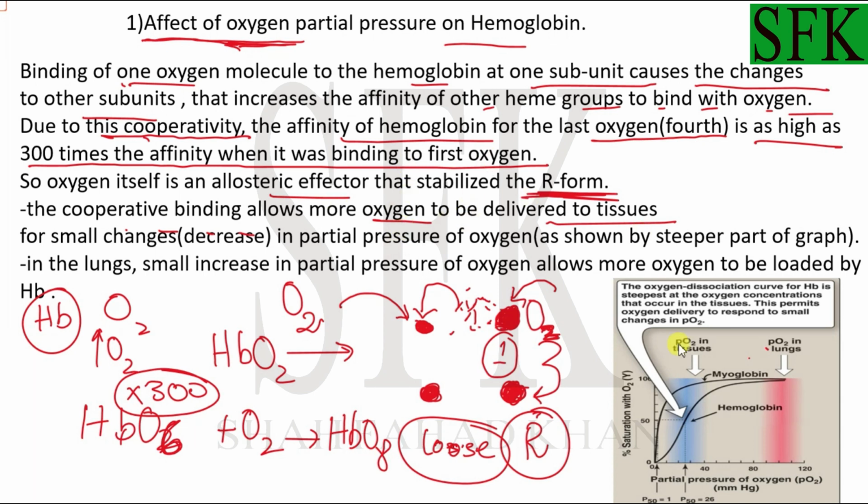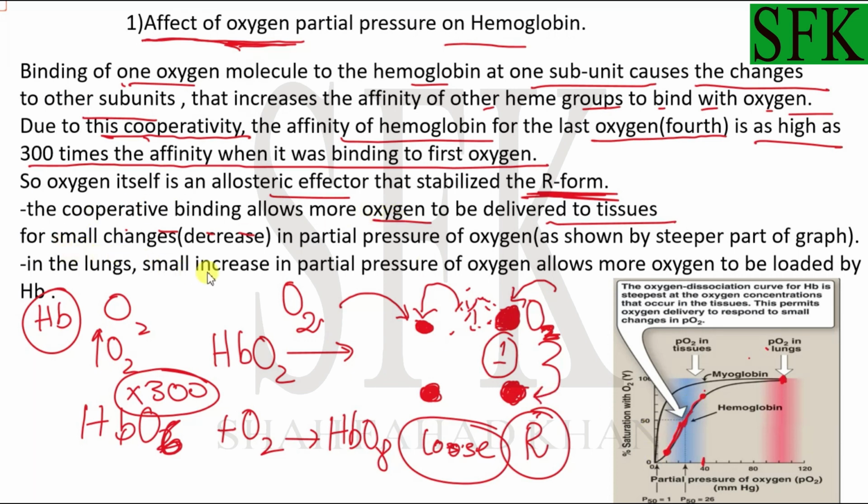It allows oxygen delivery at a faster rate to the tissues. For example, if this was the partial pressure in the lungs, and then in the tissues the partial pressure has become 40, small changes allow a big drop in the percentage saturation of hemoglobin. We've talked about this in detail, but this is how it happens.